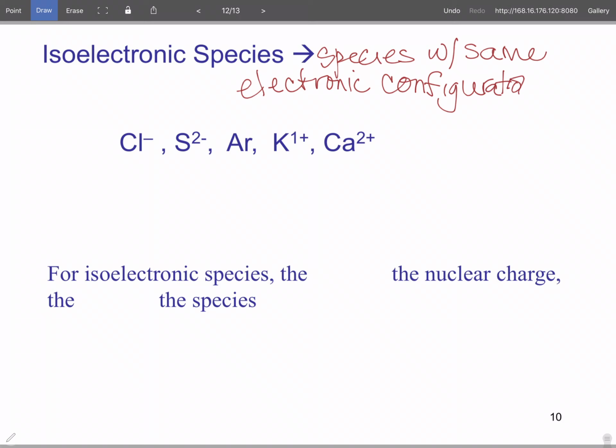So that being the case, if we have the same electron configuration, then we're going to have different charges.